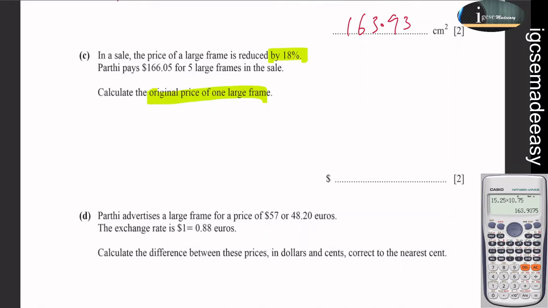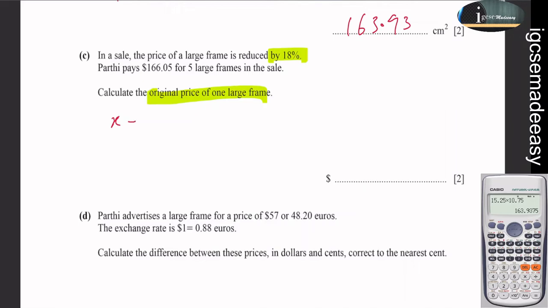So let's say before the sale, the price was X, and now after the sale, the price is being reduced by 18%.